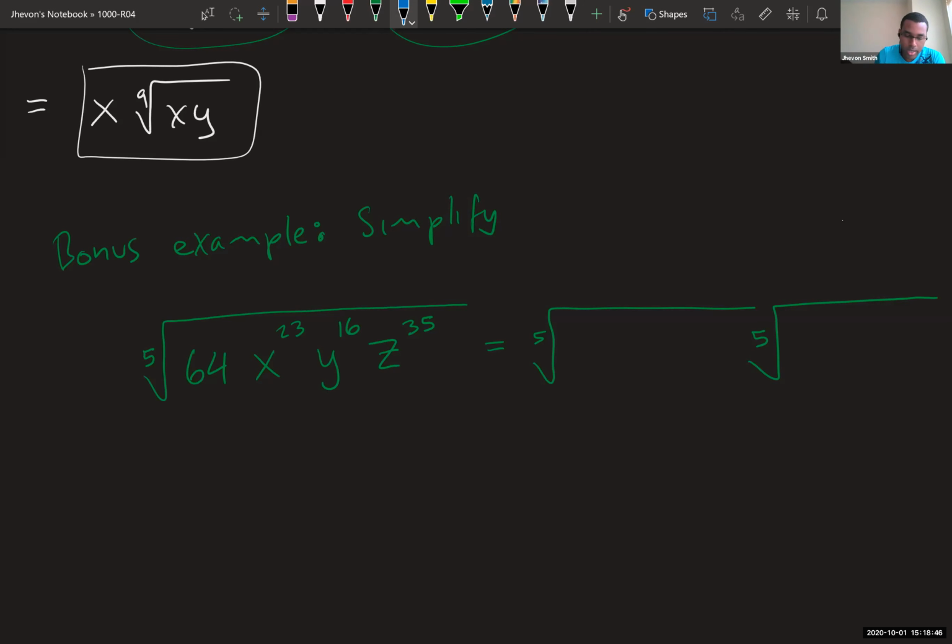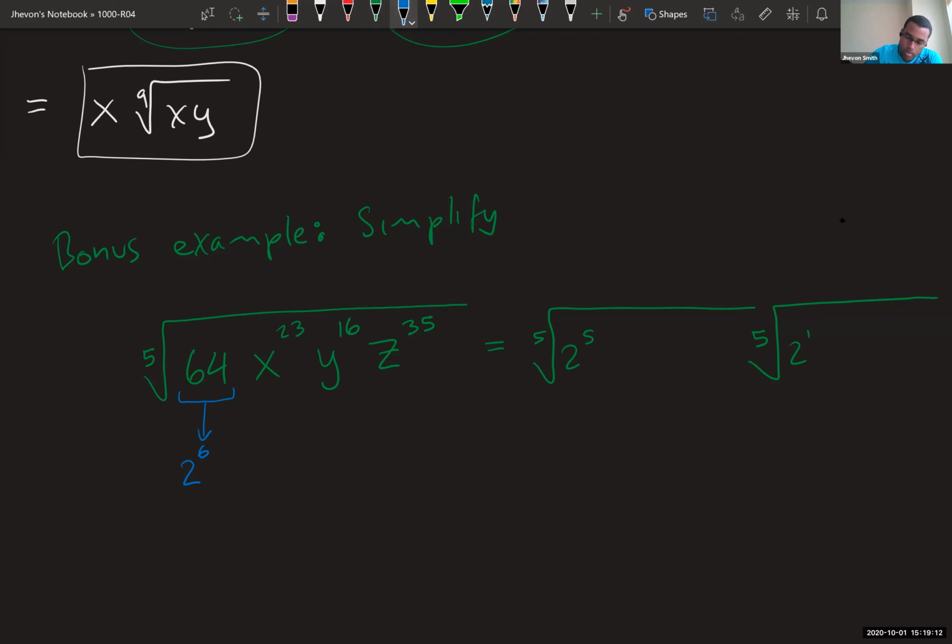I'll even give you a hint here. 64 is the same thing as 2 to the 6th power. So if you have 2 to the 6th, how can you split that into two parts where one of those things you can take a fifth root of? It'll be 2 to the 1 and then 2 to the 5th. Okay. So you put 2 to the 5th in the first one, 2 to the 1 in the second one.